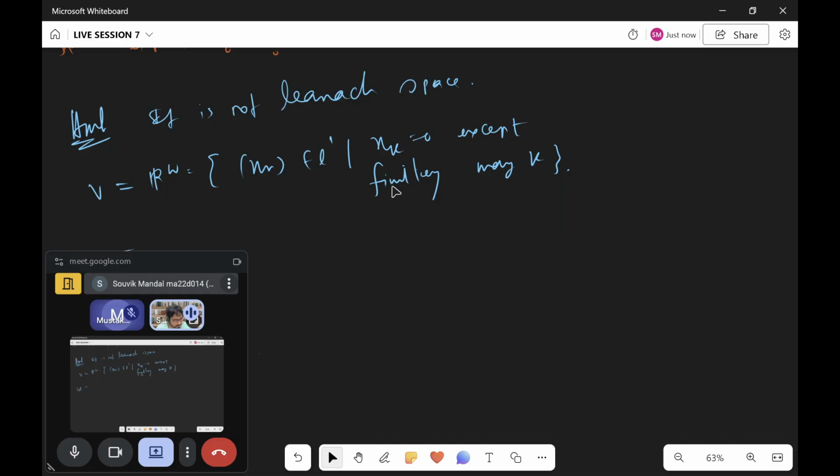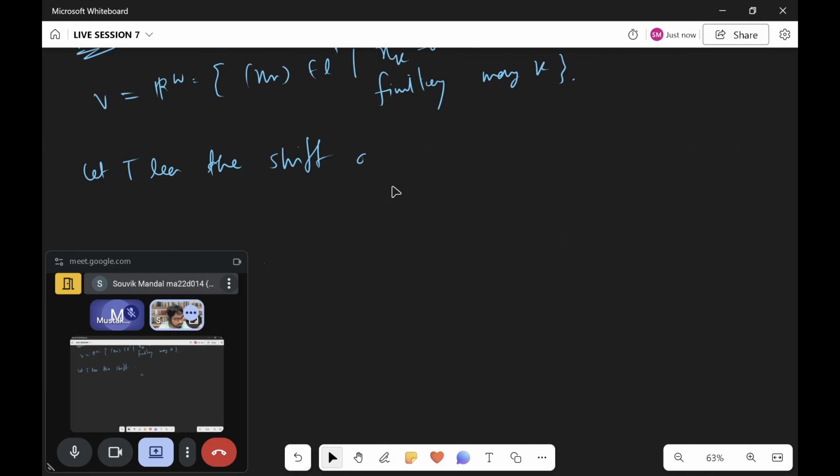Let T be the shift operator. We are choosing the operator T as the shift, that is, T of e_n is e_{n+1}. Then the summation of T to the power n e1 by factorial n does not make sense inside phi.